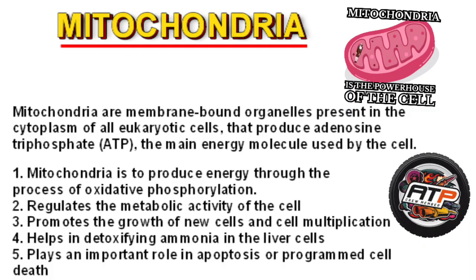Second is to regulate the metabolic activity of the cell that needs oxygen. It promotes the growth of new cells and cell multiplication. Next, mitochondria helps to detoxify ammonia that is present in the liver cell, and it also plays an important role in apoptosis, that is cell death, a programmed cell death.